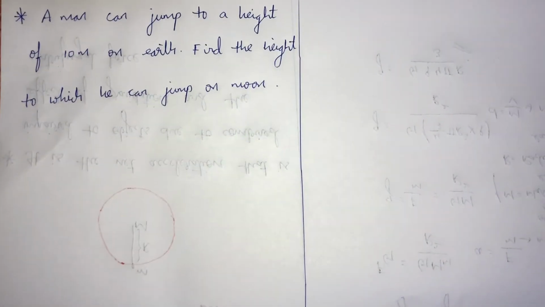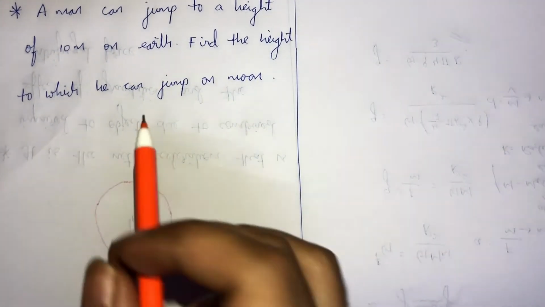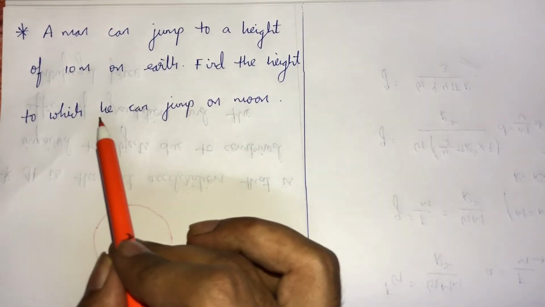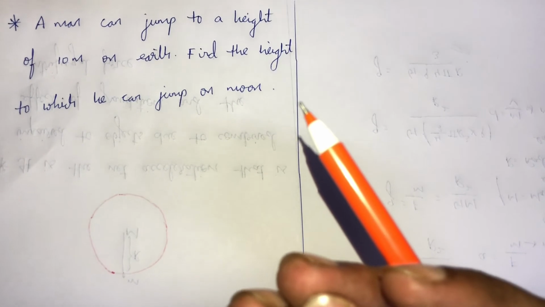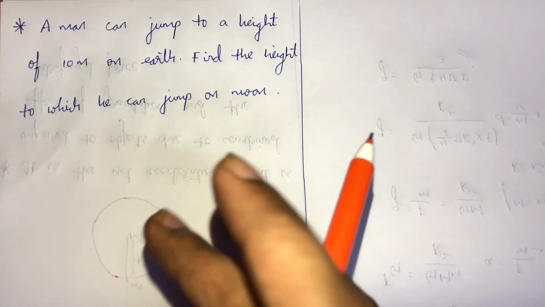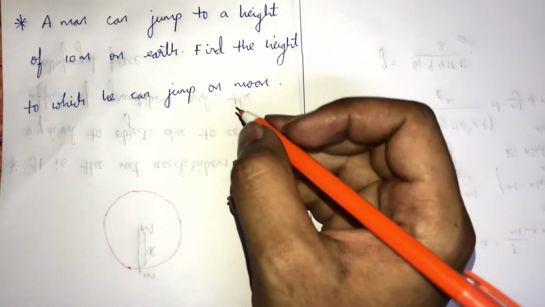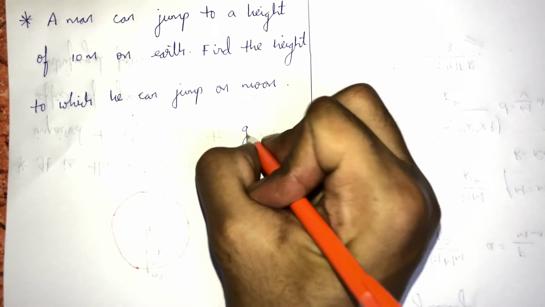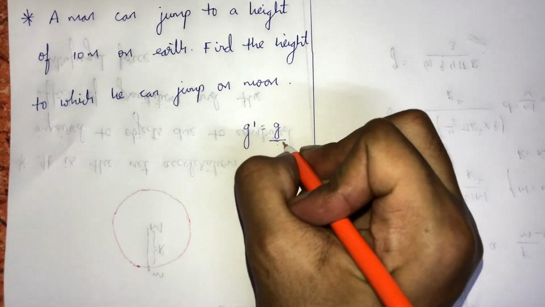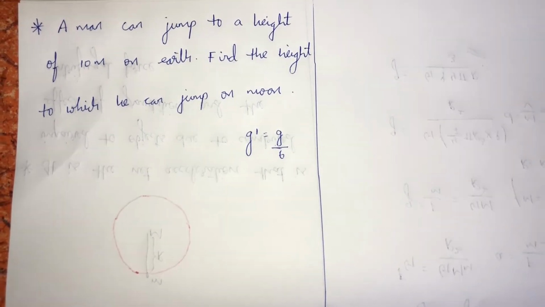Now let us look at another problem, relating height and acceleration due to gravity. Here a man can jump to a height of 10 meters on earth. Then find the height to which he can jump on the moon. So first we need to know the relationship between the acceleration due to gravity on the earth and that of the moon. Acceleration due to gravity on the moon will be equal to 1 by 6 times that of the acceleration due to gravity on the earth, that is g by 6.